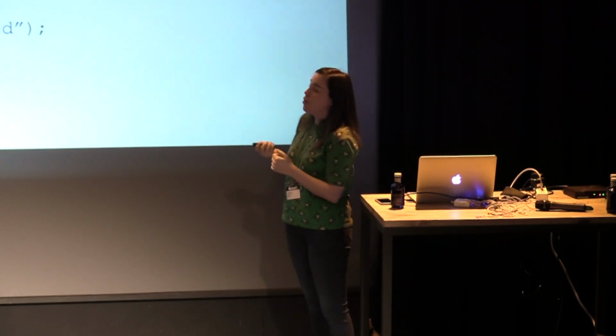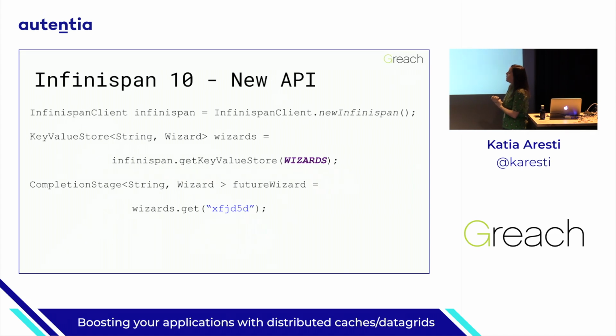So what we are working on in Infinispan 10 is a new API. I'm going to highlight that we will have something like an Infinispan client, new APIs like key value store, completely reactive and asynchronous by default, using completion stage. Today the cache interfaces are asynchronous and synchronous, but even if Infinispan inside is reactive because we are non-blocking, we still don't have a fancy reactive API, and that's what I'm working on.